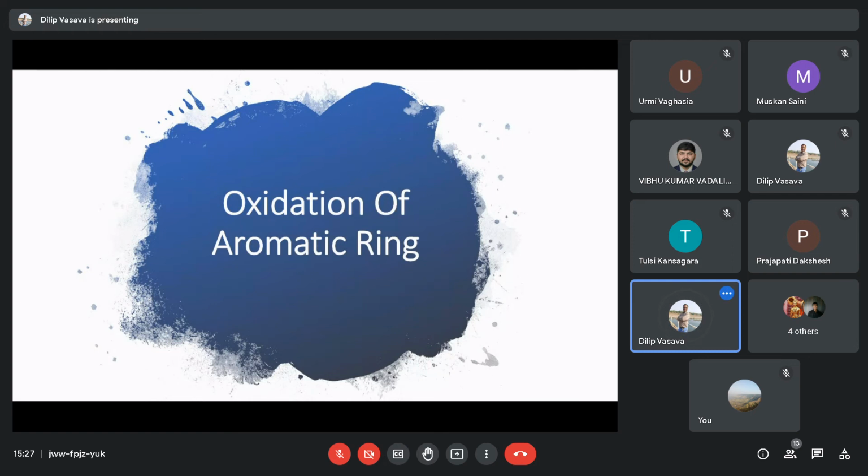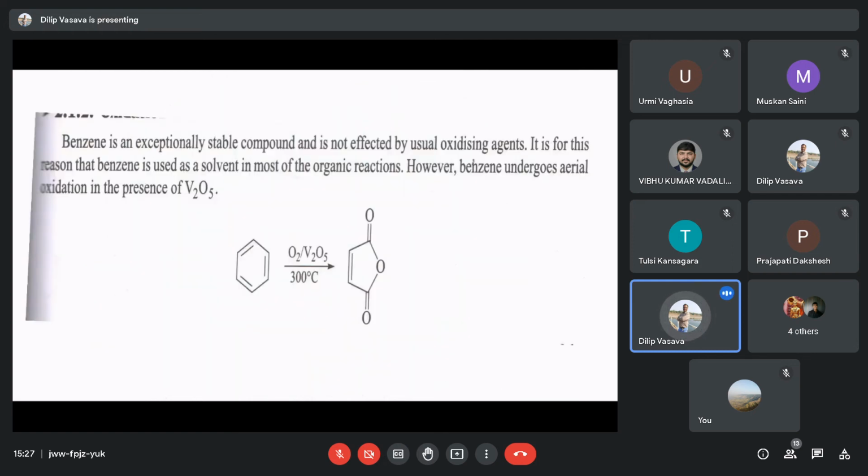So just you can see the example that benzene, when oxidized in presence of the vanadium pentoxide, requires 300 degrees Celsius temperature to get the anhydride. So this is possible, but in that case, it requires higher temperature.